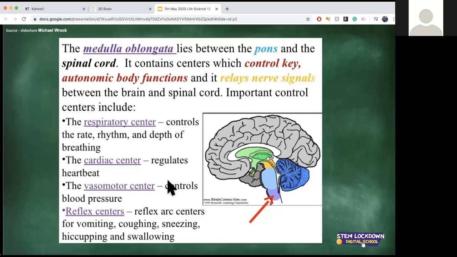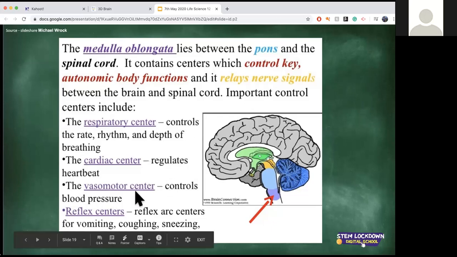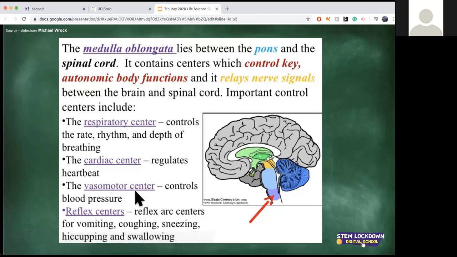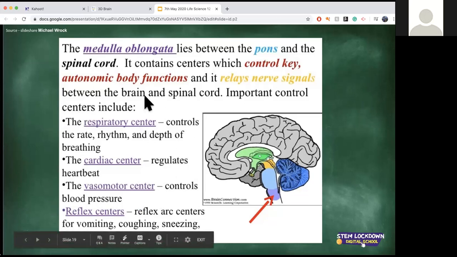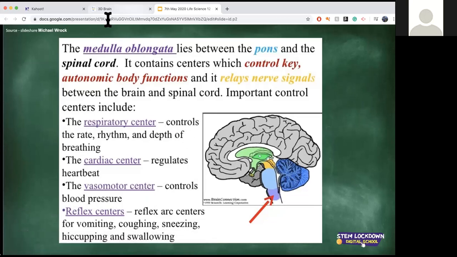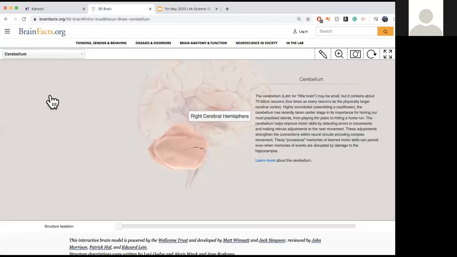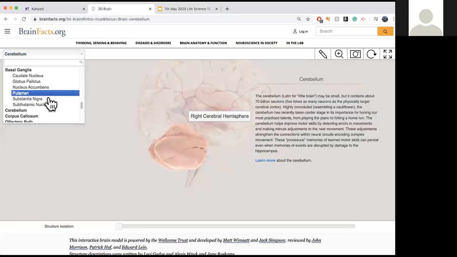You can't make your heart beat faster, or control your blood pressure, or your reflexes, coughing, sneezing. If you've ever tried to hold a sneeze in, you know that it's incredibly difficult. All of this is monitored by your medulla oblongata. So we'll quickly go and see if we can find that. There we go.